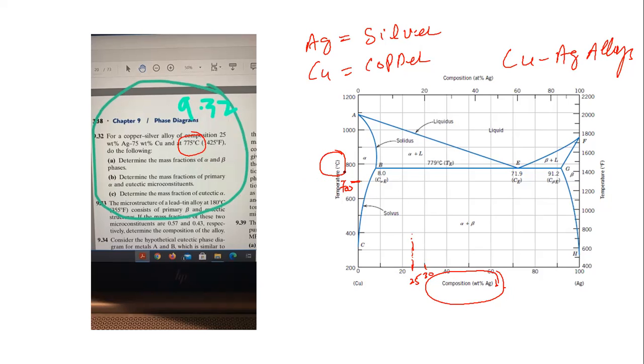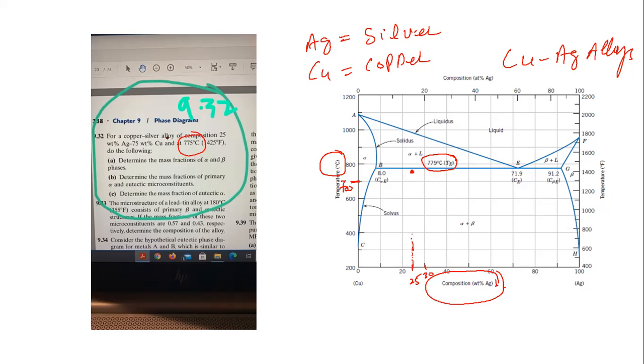Where do you think it will be? You see the eutectic temperature is 779. So we are just below this eutectic line. We are here. This is our point of concern.